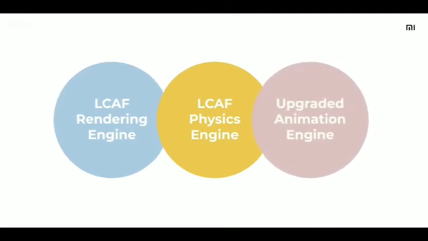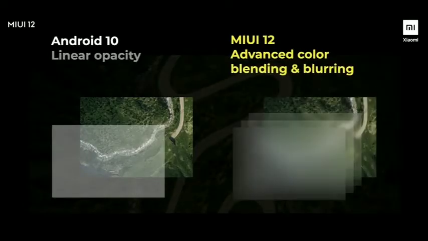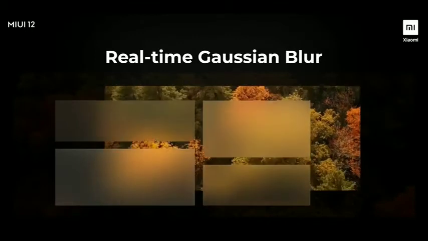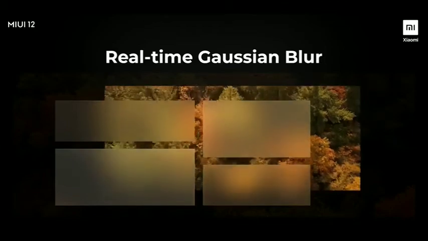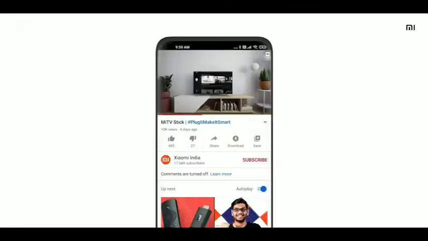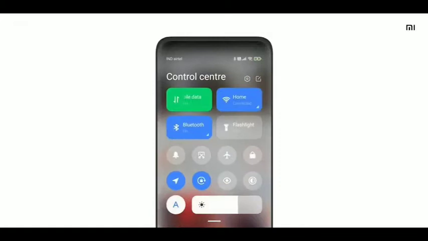And when all of them come together, let's talk about the Light Cone rendering engine. We have enabled advanced color blending and Gaussian blur, which elevates the entire material richness of the operating system. Now you can experience the blurring effect in real time, in a very unassuming yet elegant way. It implements a certain transparency which gives you a new visual in the background every time the scene changes.